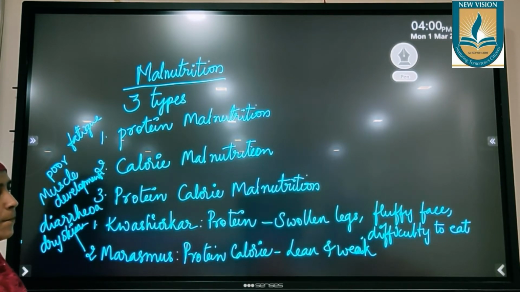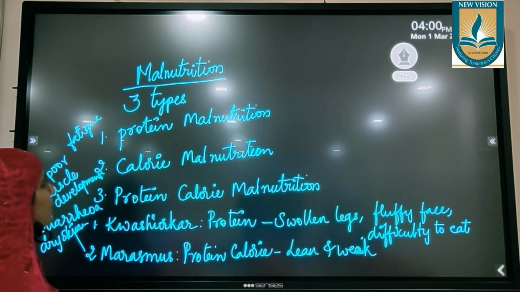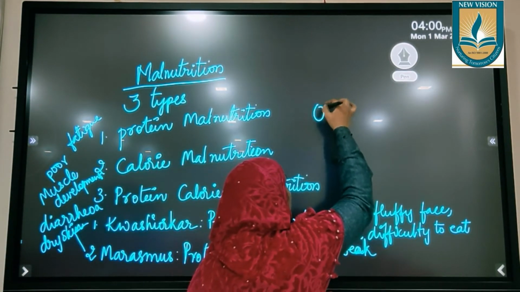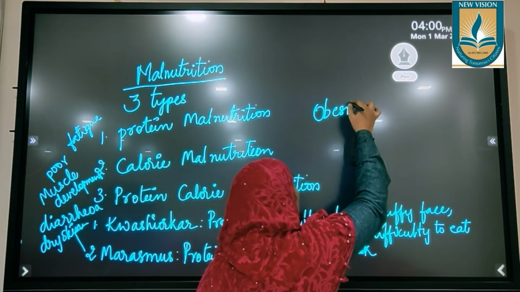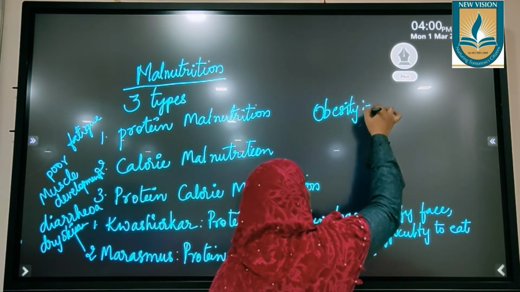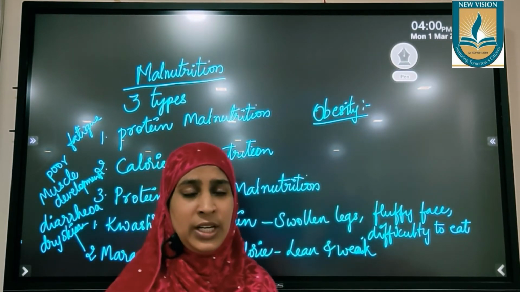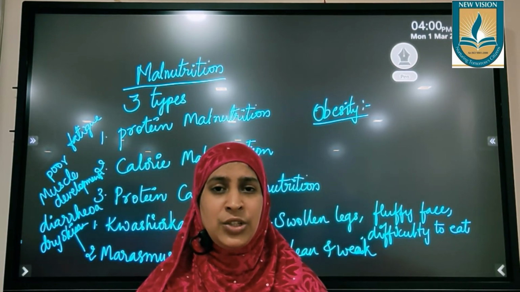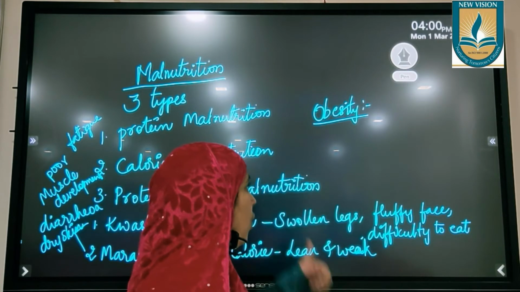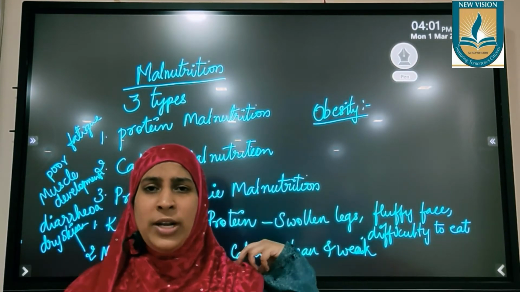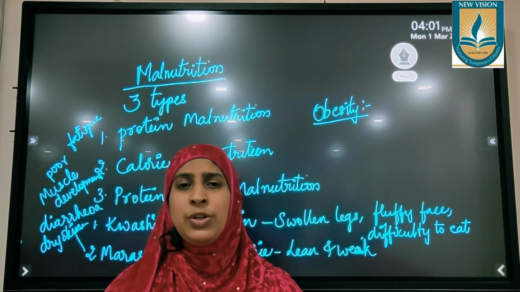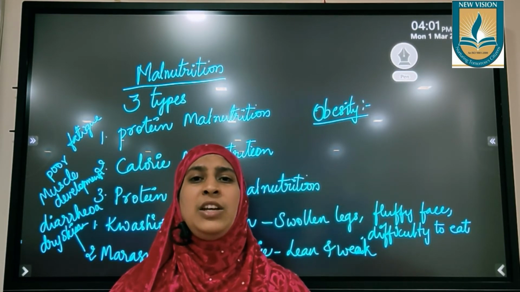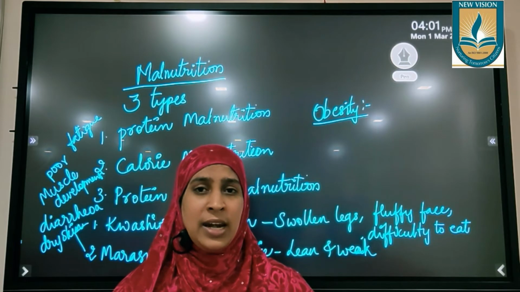So that is about malnutrition in children. We have another condition called obesity. Obesity is caused by eating excess food. Your body requires some amount of energy for everyday activities, but we are supplying more energy than required.